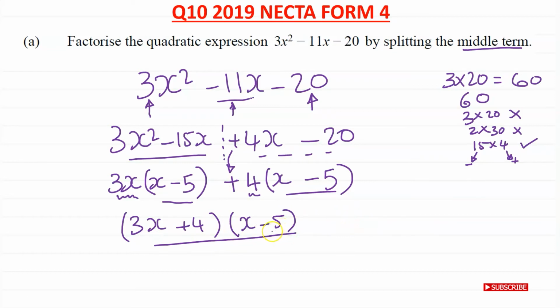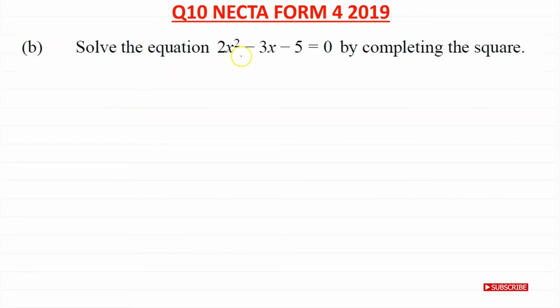Let's go to B. For B we're asked to solve this quadratic equation by completing the square. So we have 2x squared minus 3x minus 5 equal to 0. When we solve by completing the square, it's best to have everything with x on one side and everything else on the other side.